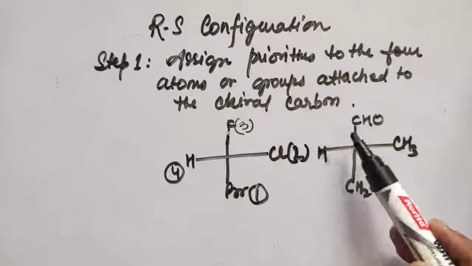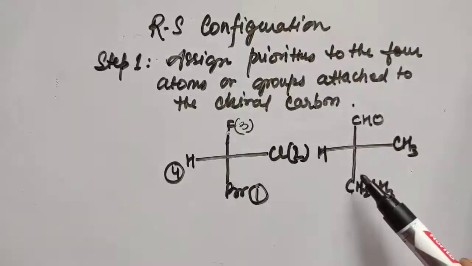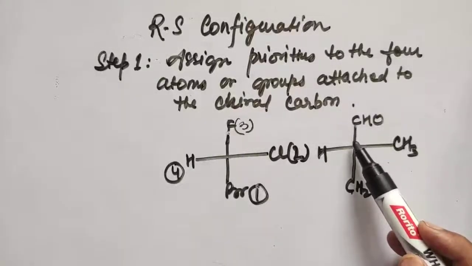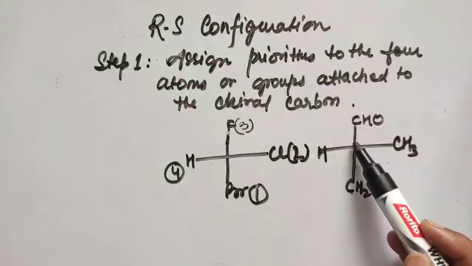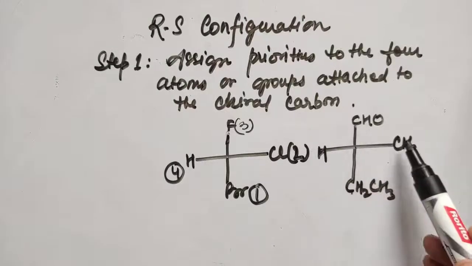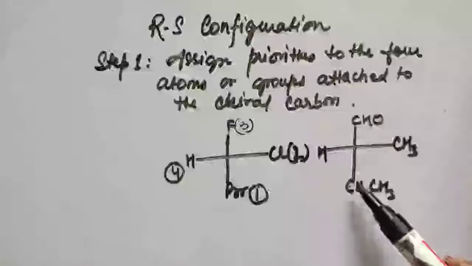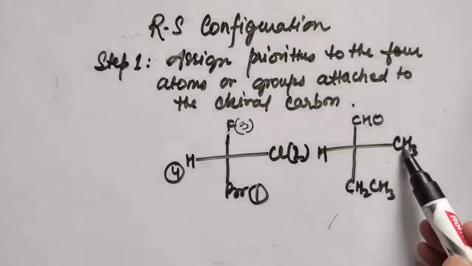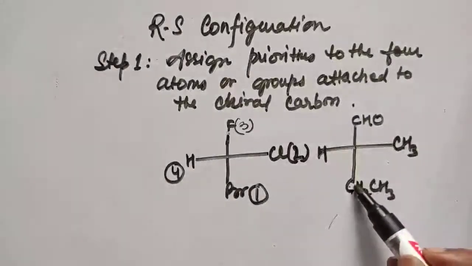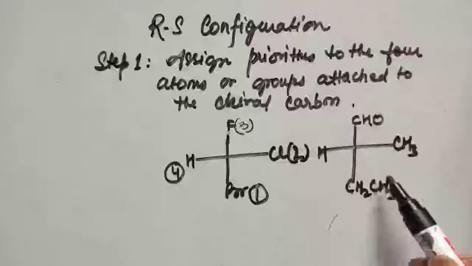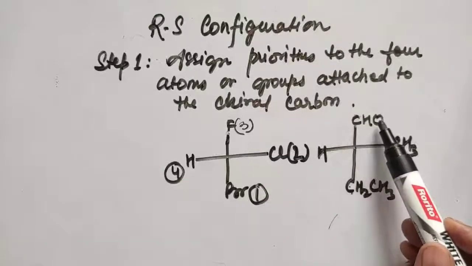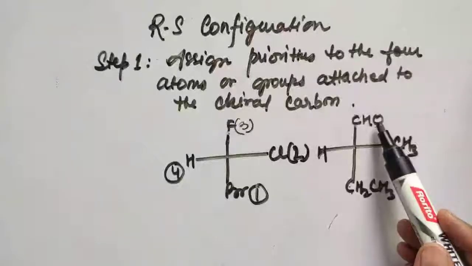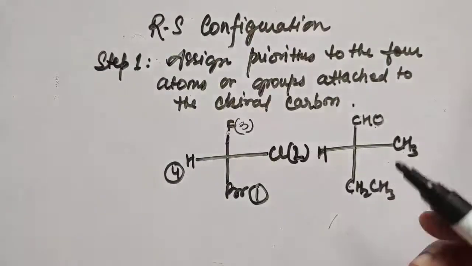Hydrogen will have the lowest priority, but these 3 groups are carbon containing groups. The bonded atom to this chiral carbon is again a carbon. Here also. So we have to look for the next atom attached to this carbon. Here it is 3 hydrogens. Here it is 2 hydrogens and 1 carbon. And here it is 1 hydrogen and oxygen. So definitely oxygen has the highest atomic number.